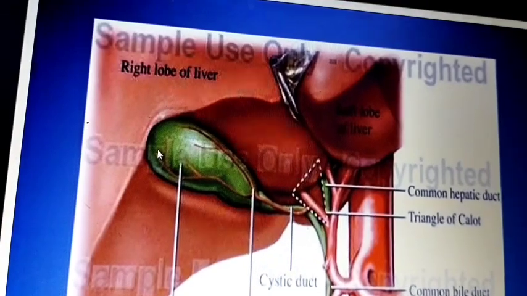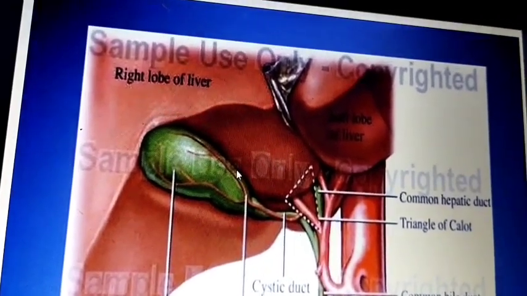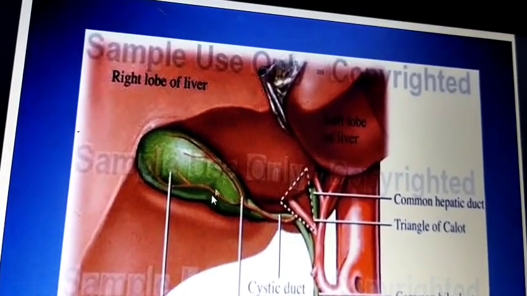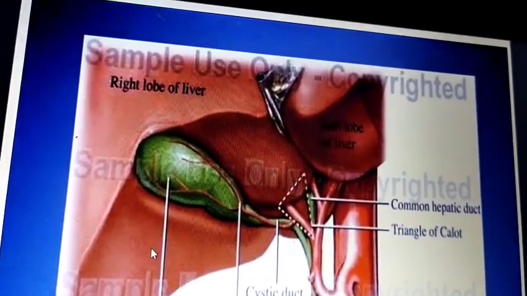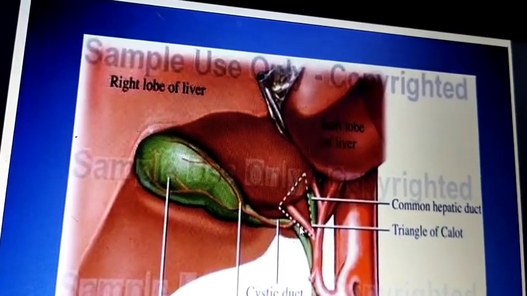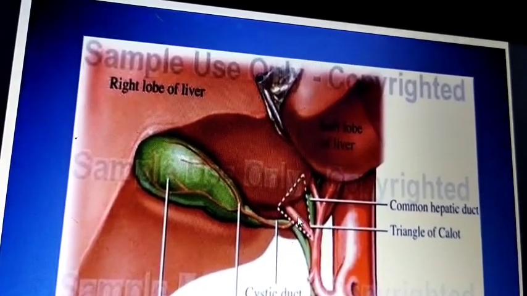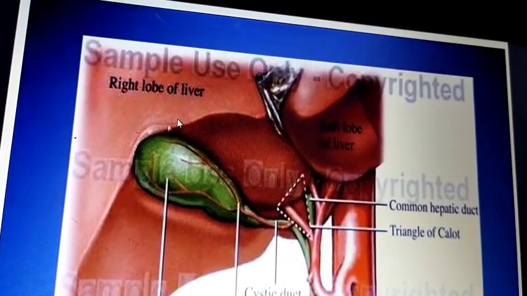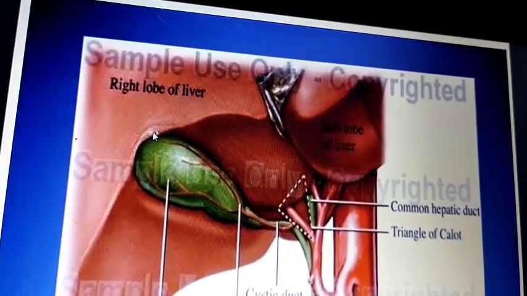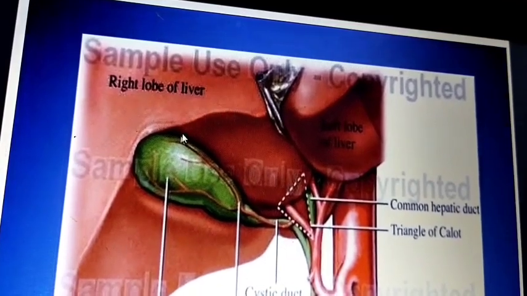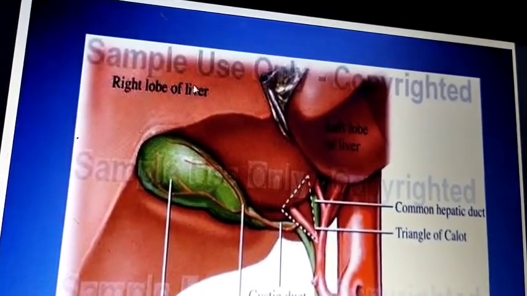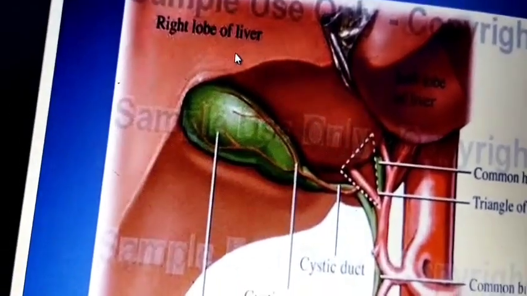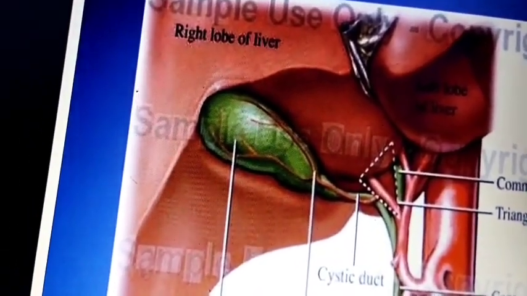The fossa for the gallbladder is formed on the left side by the quadrate lobe, on the right side by the right lobe of the liver, superiorly by the right end of the porta hepatis, and inferiorly by the inferior border of the liver. Like that the fossa for the gallbladder is formed.